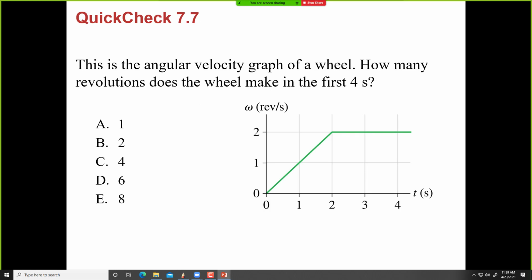So you want to find the area from the starting point to 4 seconds. That will give you displacement delta theta in terms of revolutions. So let's count that. That's 1, that's 2 revolutions, 3 revolutions, 4 revolutions, 5, half and half is 1, so the total is 6 revolutions.